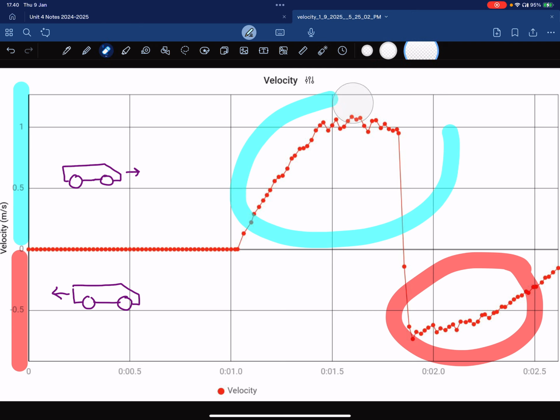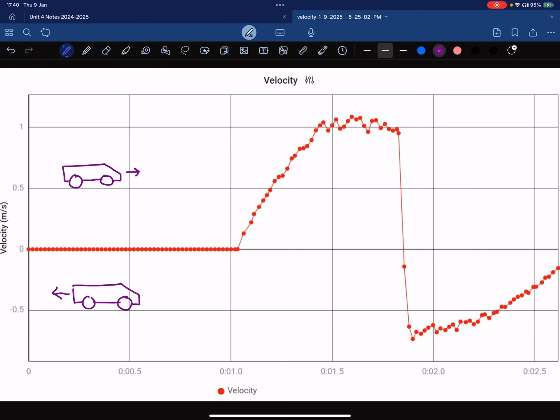All right, now I went into my Pocketlab notebook and I found the velocity for the highest velocity point there and the highest velocity point there, or I guess I should say lowest technically.